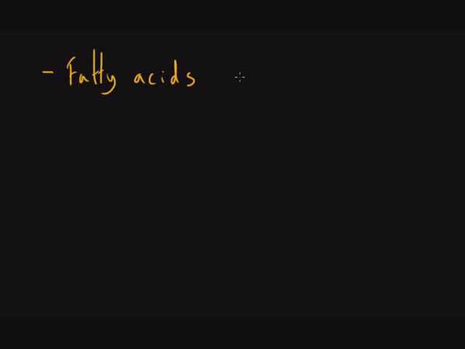Fatty acids aren't quite the same. They can be considered a building block of many other lipids, but not in the same way as amino acids. They don't add together and polymerize in the same way as amino acids do, but they have a more complex function. As we talk about fatty acids, you can hopefully start to appreciate how they come together to build different types of lipids. They're probably one of the most important to be aware of.